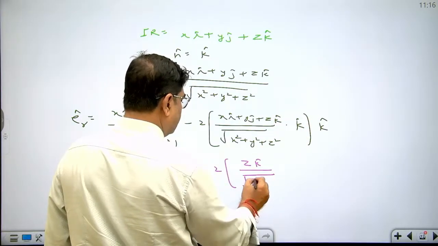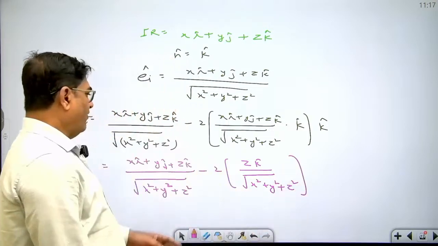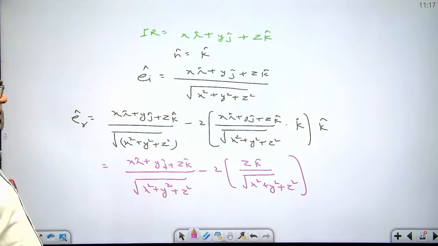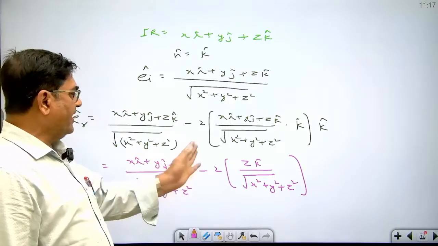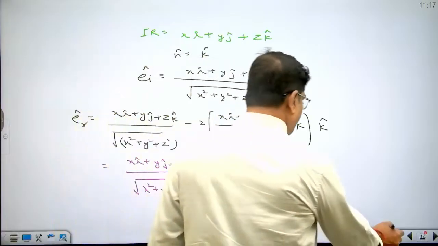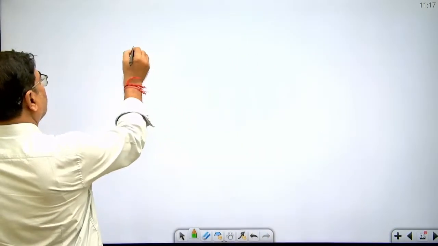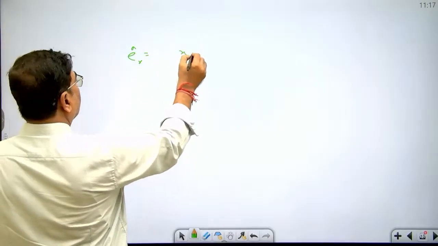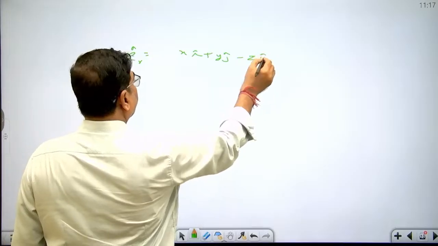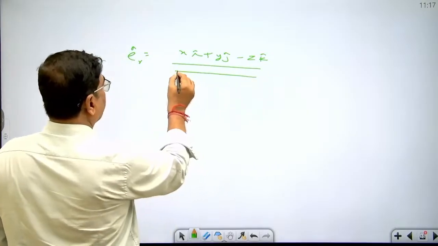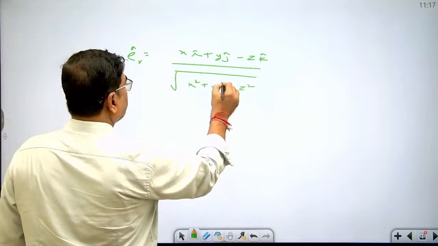Now we take under root x square plus y square plus z square as LCM. This becomes x i cap plus y j cap plus z k cap minus 2 z k cap. So after solving this equation, we get e r cap equal to x i cap plus y j cap minus z k cap divided by under root x square plus y square plus z square.